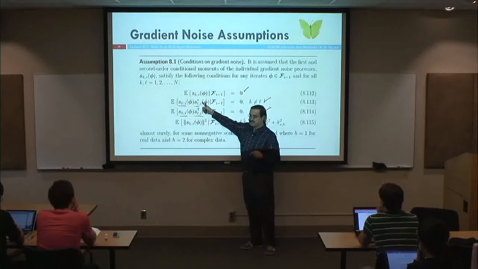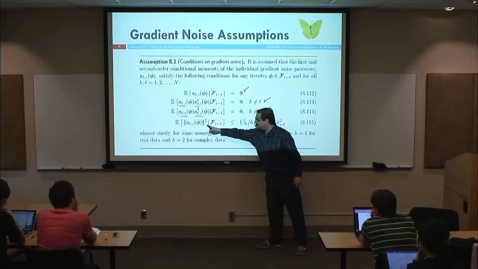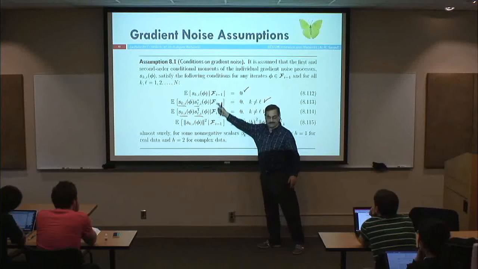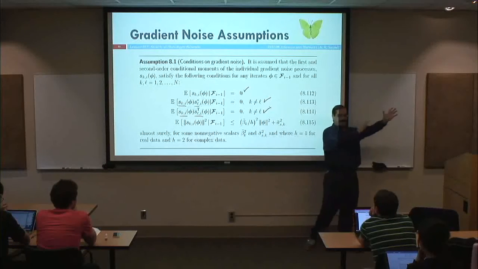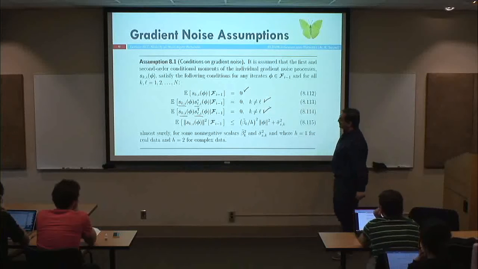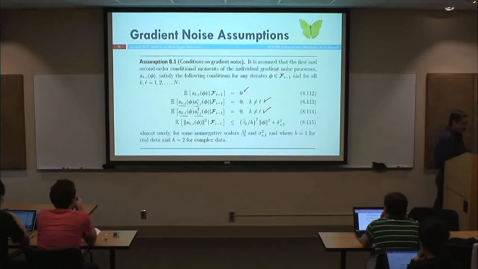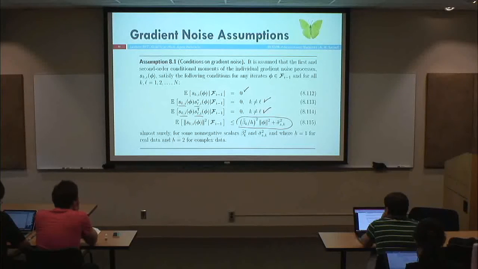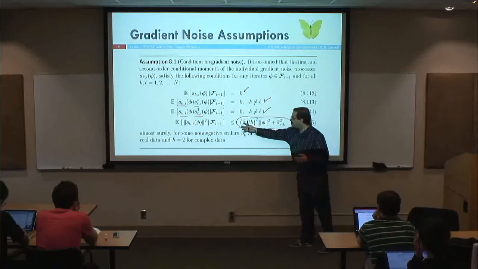In the complex case, you need both, right? This is uncorrelatedness, this is circularity, and that the variance condition, all conditioned on the past, is bounded by phi squared. Right? These are exactly the same assumptions we introduced before. I'm just reminding you, right? And I showed you that several costs of interest automatically satisfy these conditions, right? Okay, very good. And I also mentioned before that this bound here, which depends on the norm of phi squared, up to coefficients, I don't really care what these coefficients are.